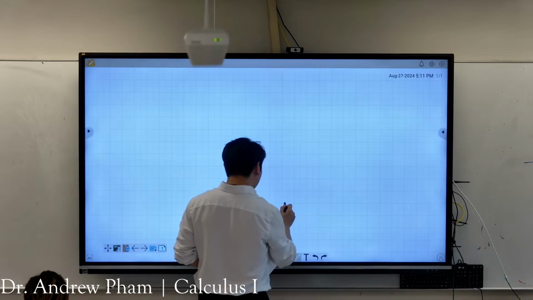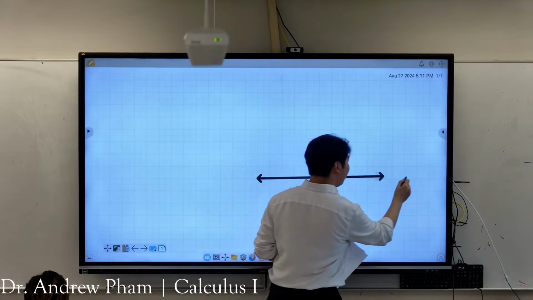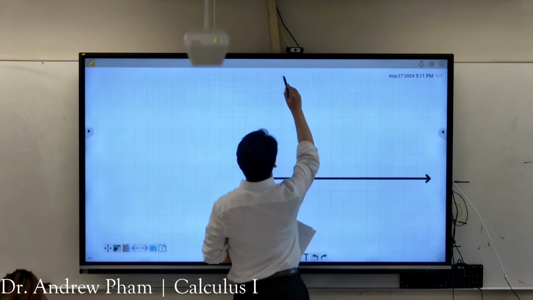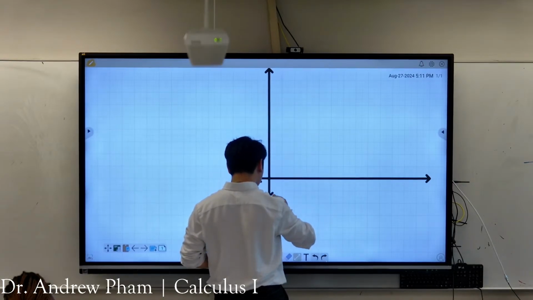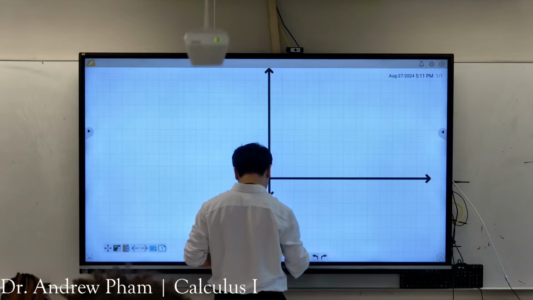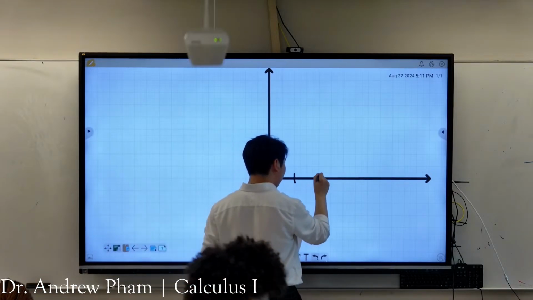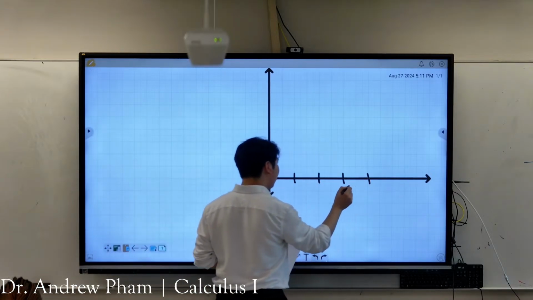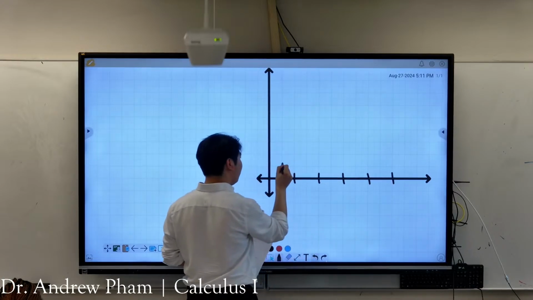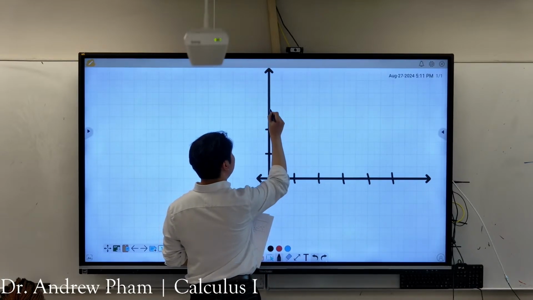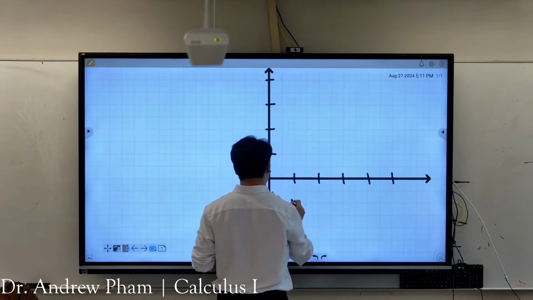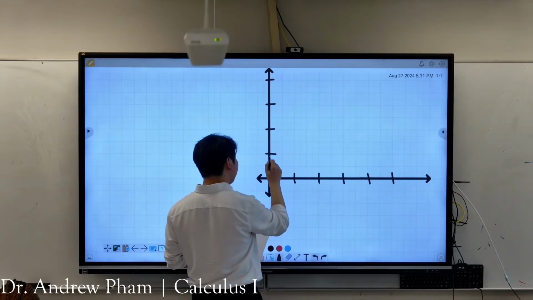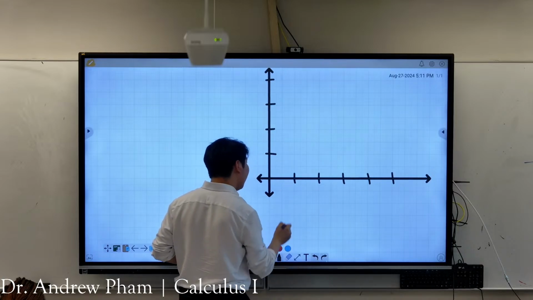All right. So, let me draw this graph. Like so. Let's do 1, 2, 3, 4, 5 and 1, 2, 3, 4. And let's draw my graph like this. Let's use red.